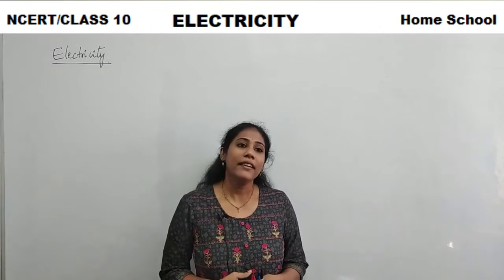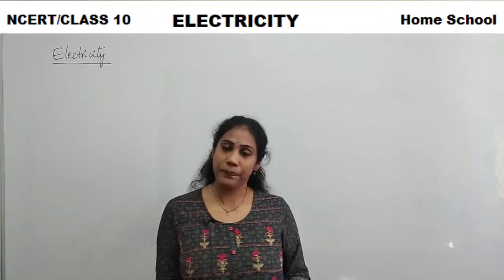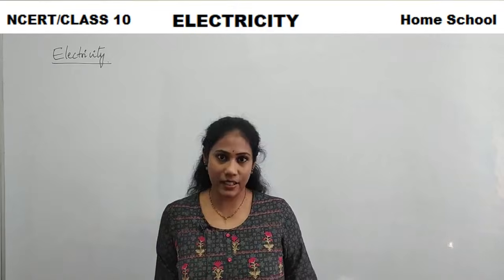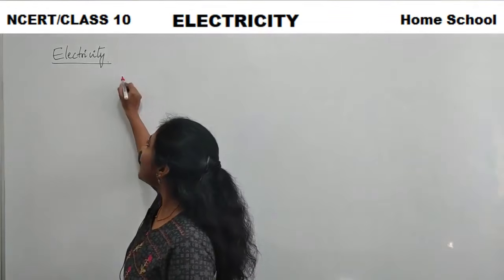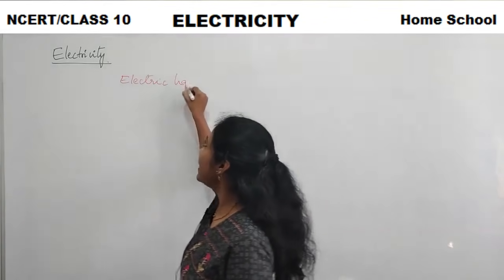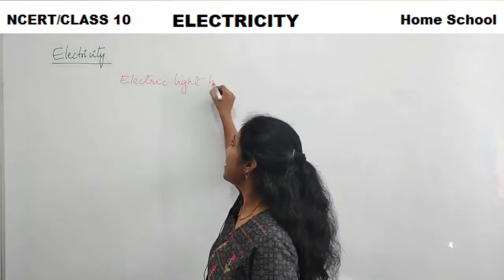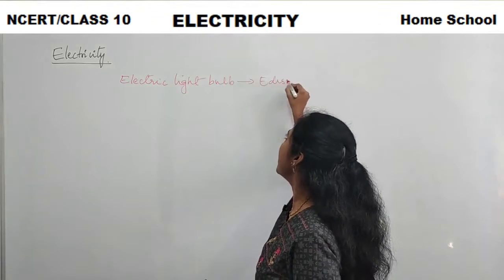You know what? Long back, the scientist called Edison, Thomas Alva Edison, we all know this. He is the person who discovered the electric light bulb, isn't it? So who discovered it? Edison discovered this.